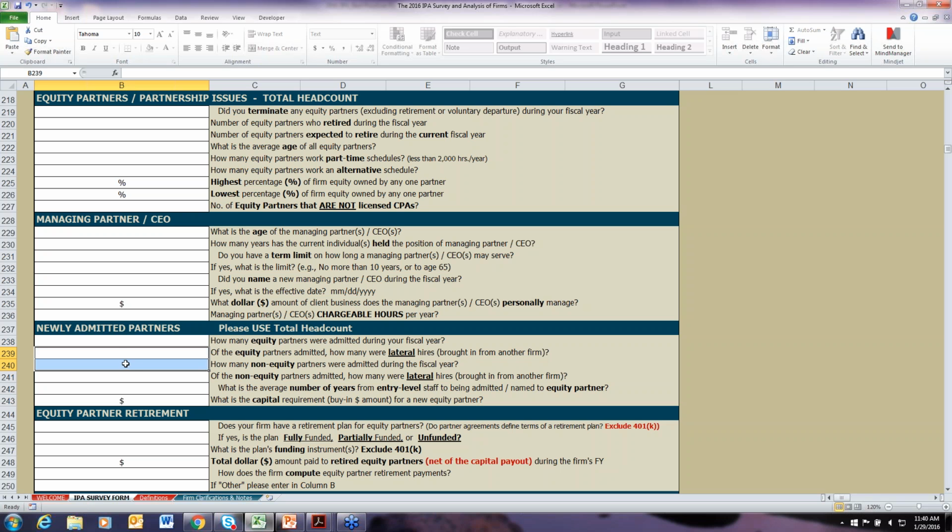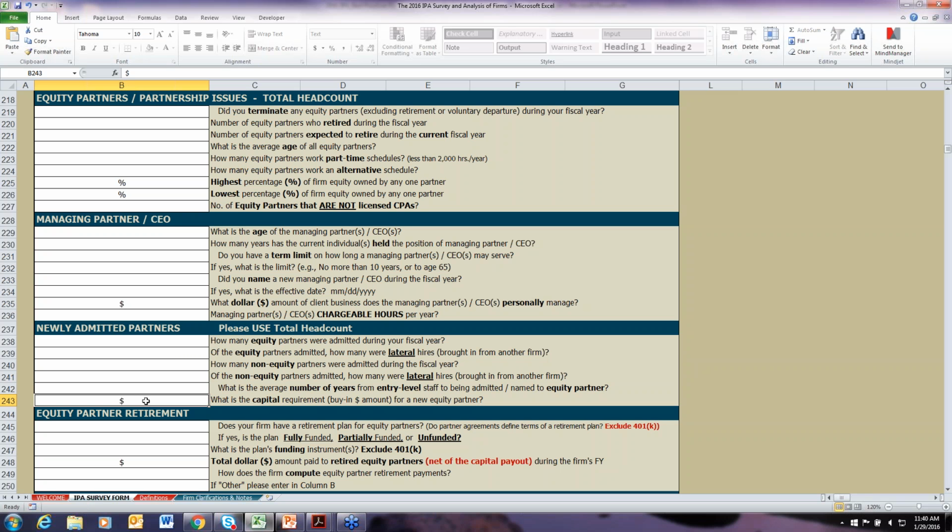Rows 239 and 241 refer to lateral hires. Please indicate here how many people were hired in from another firm and brought into your firm directly as a partner, as an equity partner in row 239 and as a non-equity partner in 241.